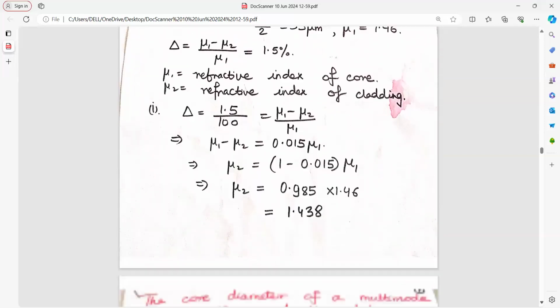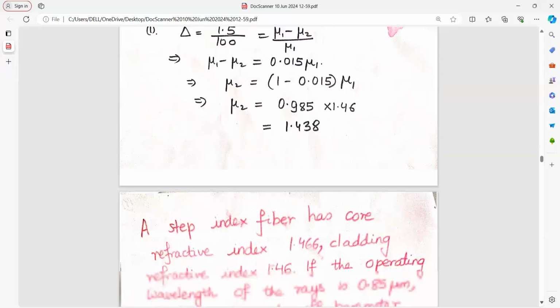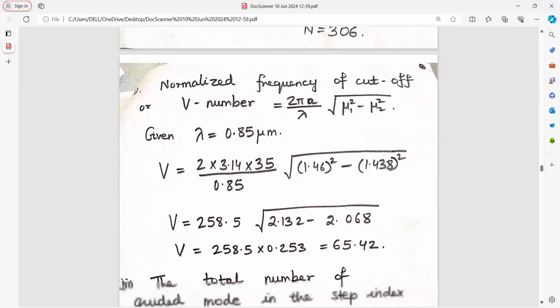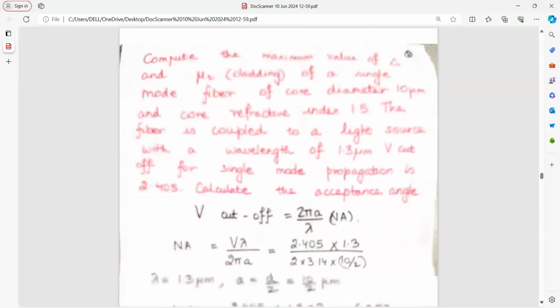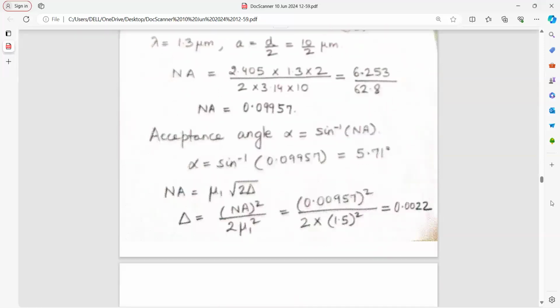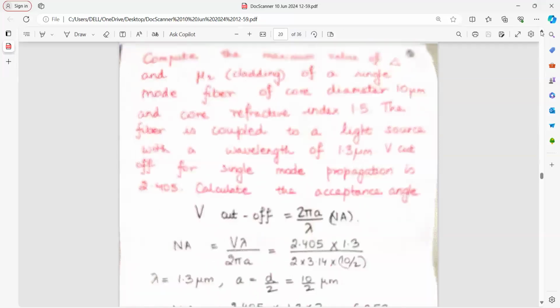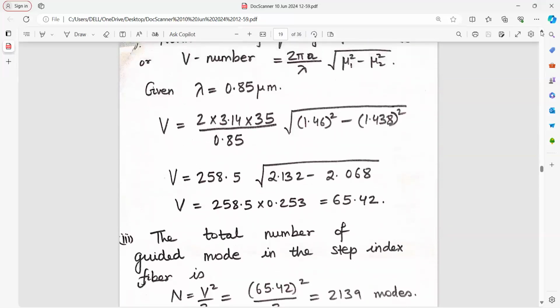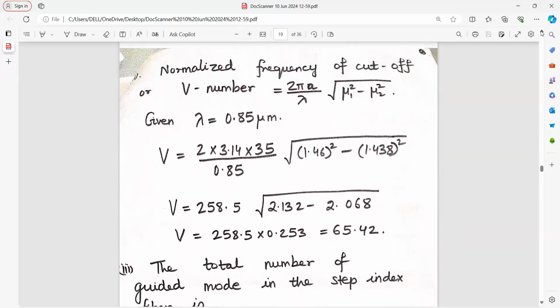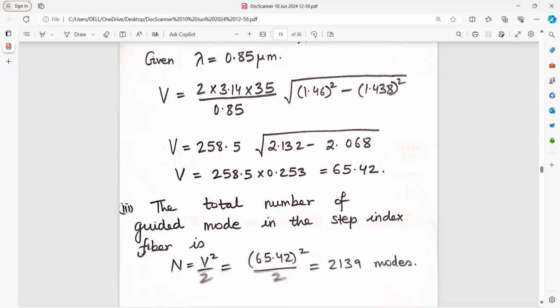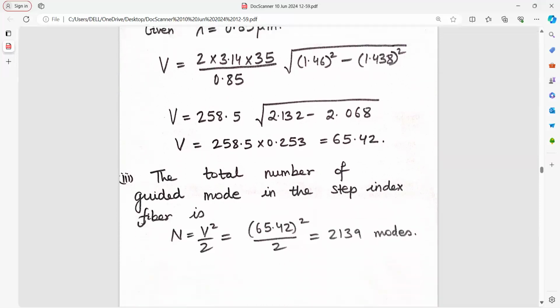You get mu2, then normalized frequency of cutoff, V number, you get the value here. Total number of guided modes in the step index fiber, N is equal to V square by 2.